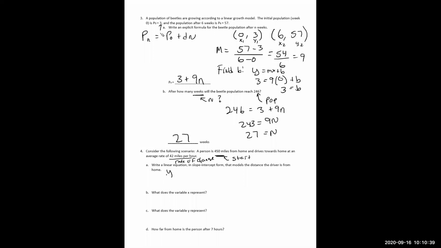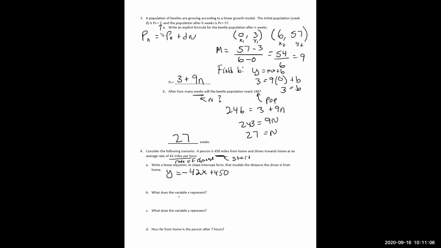So I have y equals my rate of change, 42x, and then my starting point, my b value, plus 450. Now, let's think about this slope for a minute. I just emphasized that your distance is decreasing. If my slope here is decreasing, I need to have that be a negative value. So I need negative 42 here.